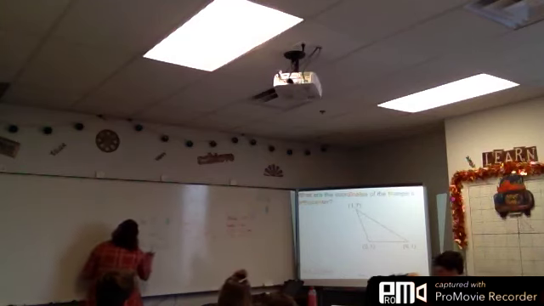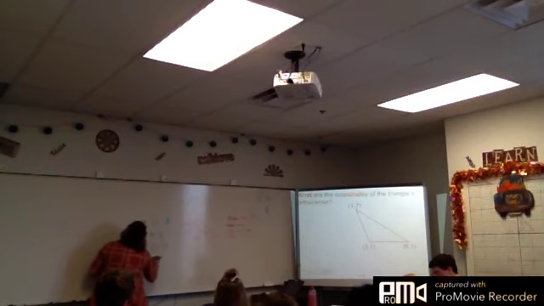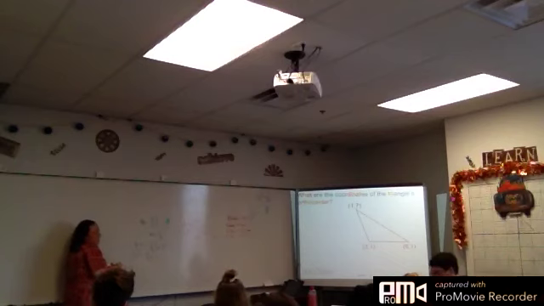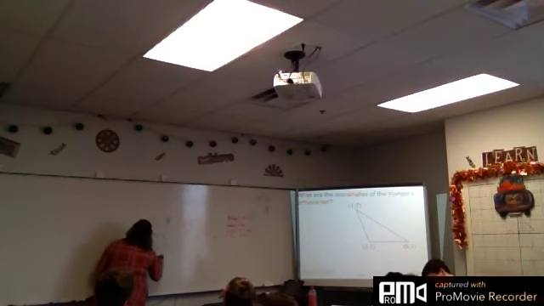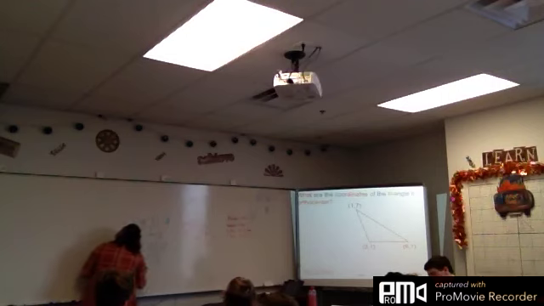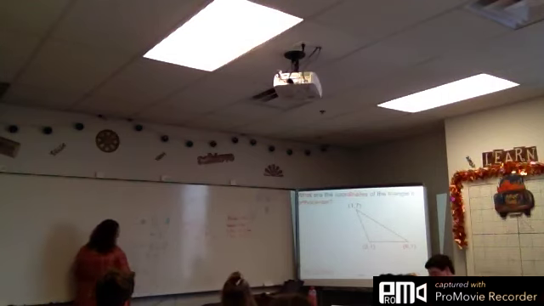Y minus 1 equals negative 5/6 times x minus 2. Negative 10/6 reduces to 5/3. And then I'm going to add 1 to it. Y equals negative 5/6 x and 5/3 plus 1 would be 8/3.